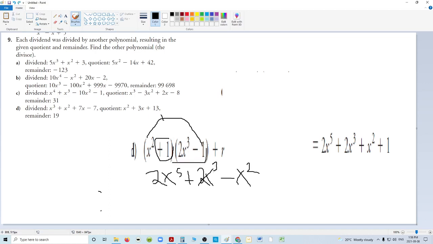In reality, you should put this term on the left side so that you can get the biggest terms first. But it's okay. So you get plus 2x cubed, which was created when I multiplied the 1 times the 2x cubed, plus x squared, or sorry, minus x squared, which was created when I multiplied the x squared times minus 1. And finally, plus 1 times minus 1 is minus 1.